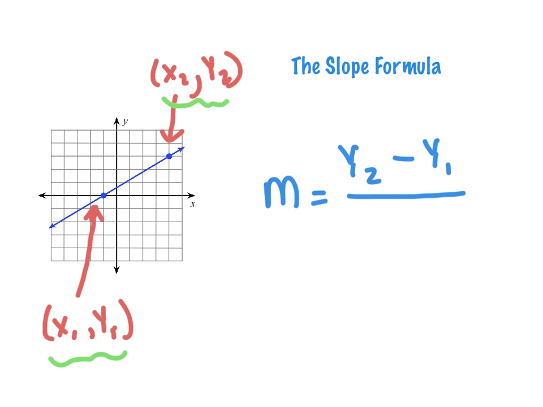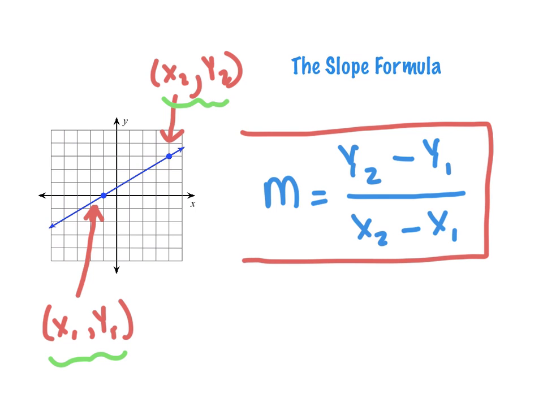The denominator, the run, was the difference between the x coordinates: the second x coordinate minus the first x coordinate. And this turns out to be what we call the slope formula. It's a famous formula from algebra class, one of the most famous. M equals y2 minus y1 over x2 minus x1.